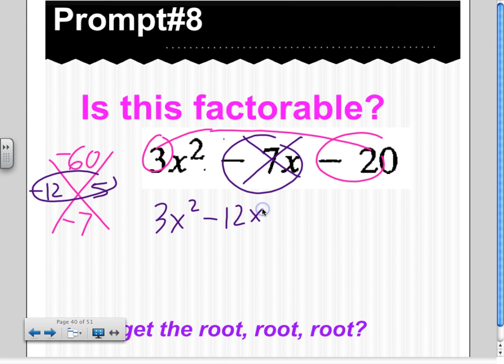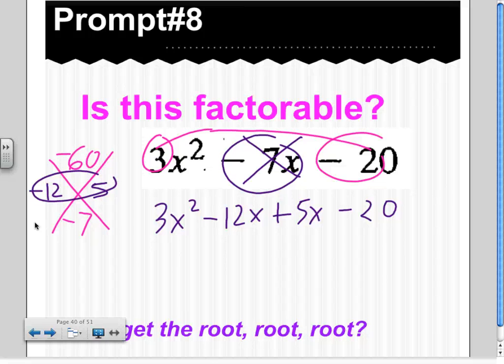Negative 12x plus 5x minus 20. Here's the worst part, though. People always forget the variable. That's one thing. And then when they copy it over, they also copy down the wrong sign. Anything that's not correct here will cost you. The problem is you end up factoring it wrong, or you can't factor, and you say it's not factorable. So check your sign carefully as you work or write it again.